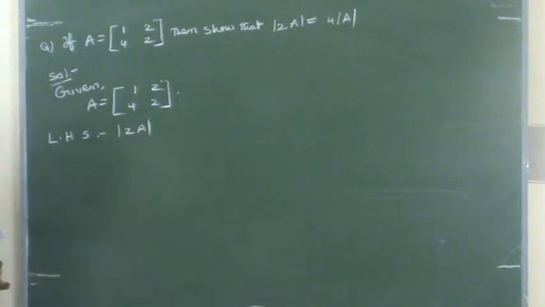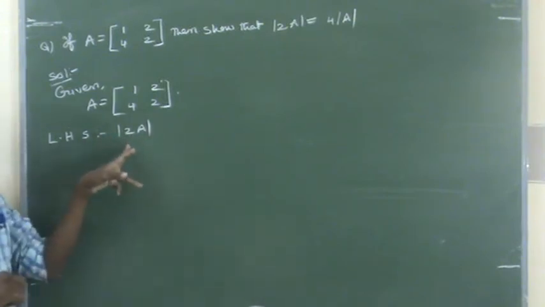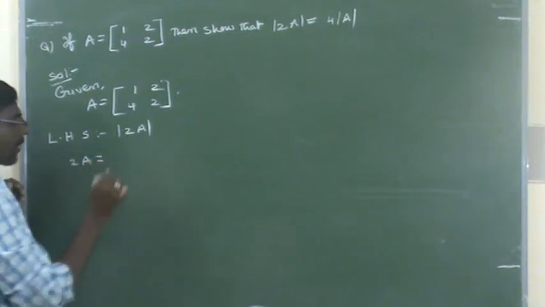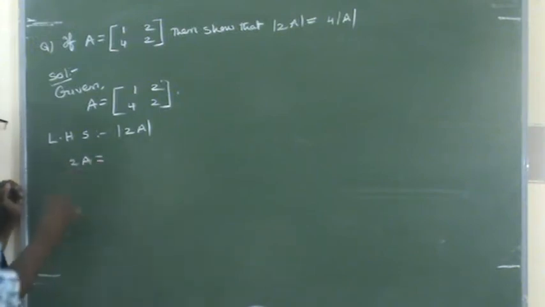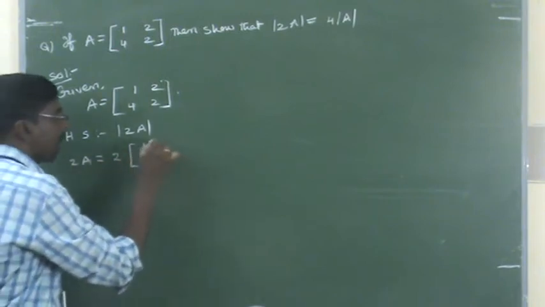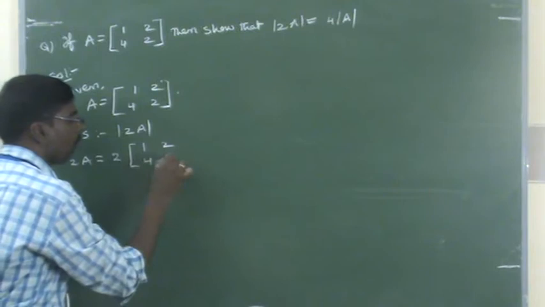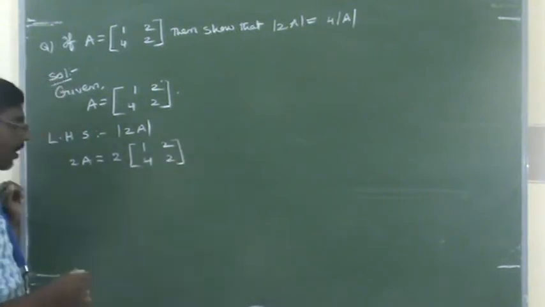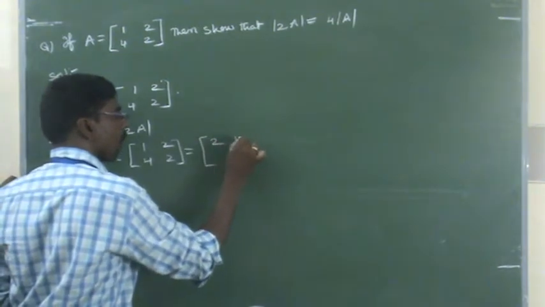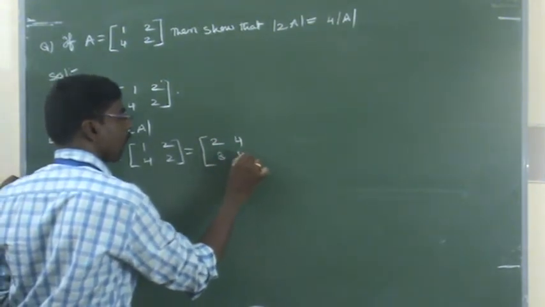First we find the scalar multiplication of 2 into matrix A, that is 2 into matrix 1, 2, 4, 2. The value can be written as the matrix 2, 4, 8, 4.